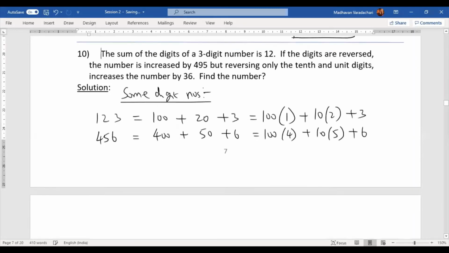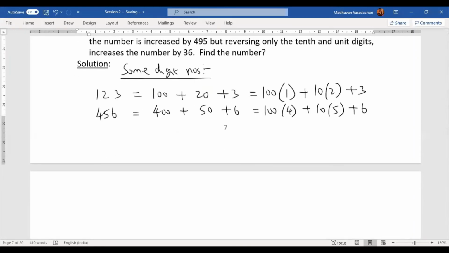Let us take one more example, say 789. That can be written as 700 plus 80 plus 9. This again can be generalized as 100 times 7 plus 10 times 8 plus 9.